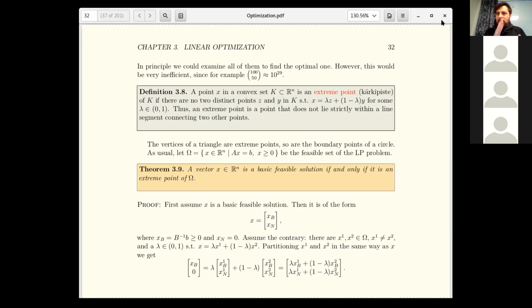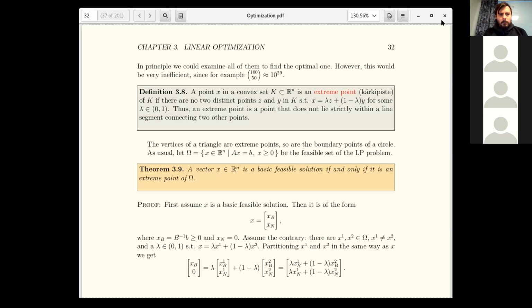So think about it as a metaphor of a polygon. And the extreme points, or the basic feasible points, are like the corners of that polygon. It's not entirely accurate, but this will do.